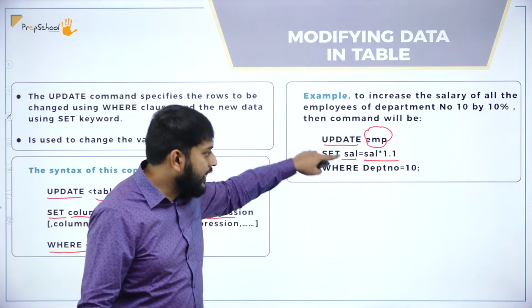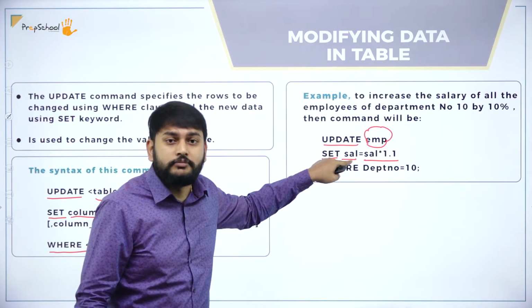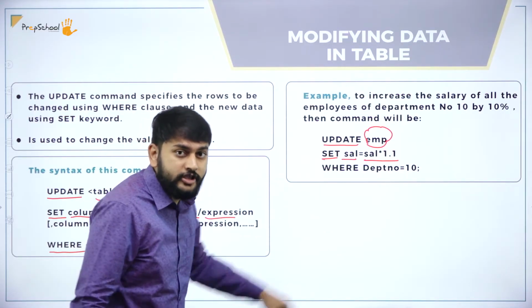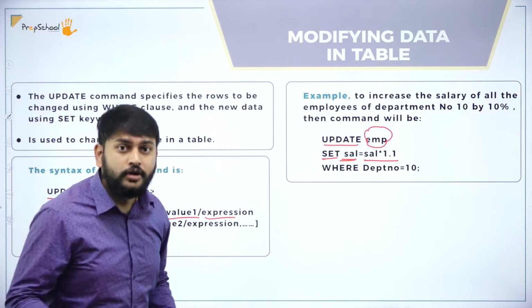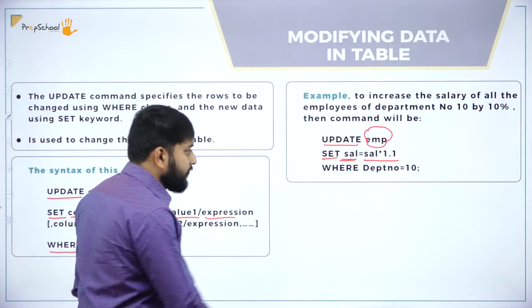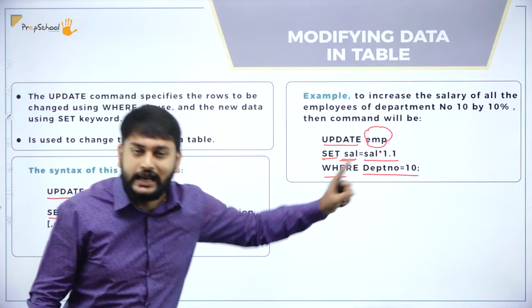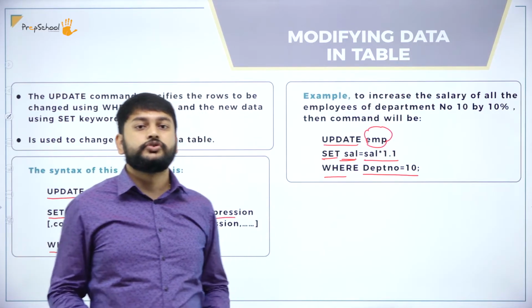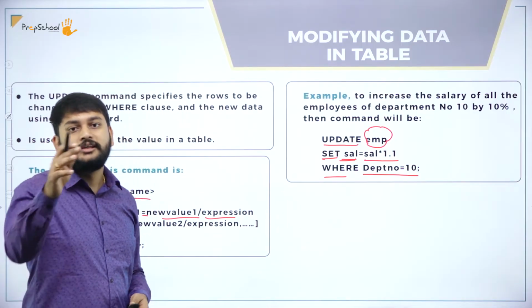This value will get updated to this column. Have I specified which column? Yes, I have specified the column name, but which row? I have specified it in the where clause. Please observe here, where department number is equal to 10. Please update all the values. This is how I update the value.